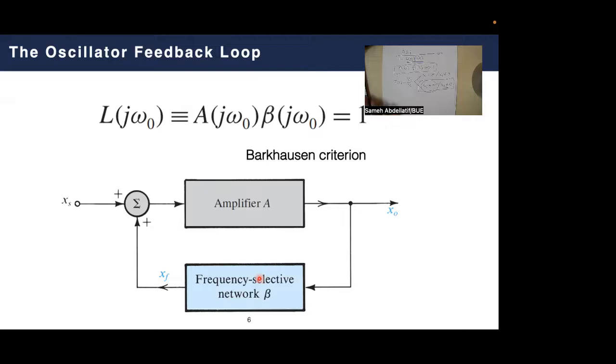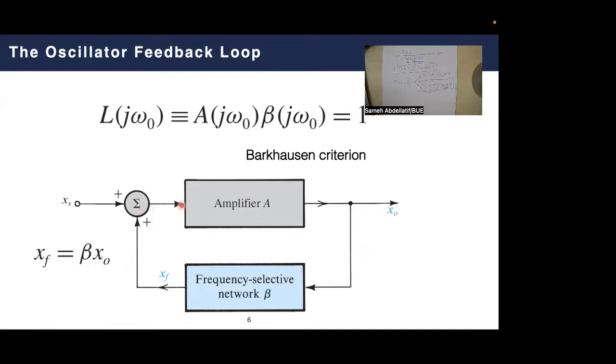In other words, you can consider it in a very easy manner. If you say that this is your beta selective network, and this, of course, represents the output signal, then basically the signal outputted from the beta selective network is beta times X0. So XF, which is the feedback signal, equals beta times X0.